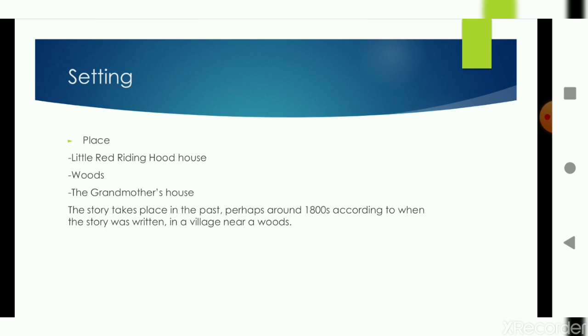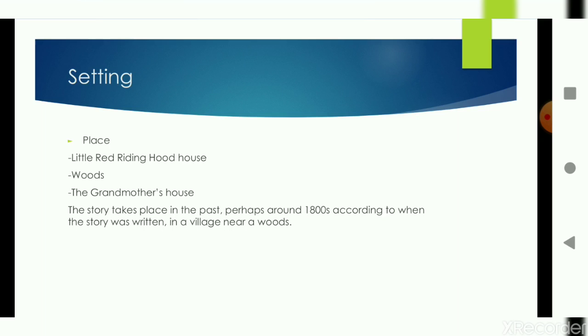Okay, next we have the setting. First, the story. It is not stated in the story, but from the conversation between Little Red Riding Hood and her mother, we can expect that the conversation takes place at Little Red Riding Hood's house.